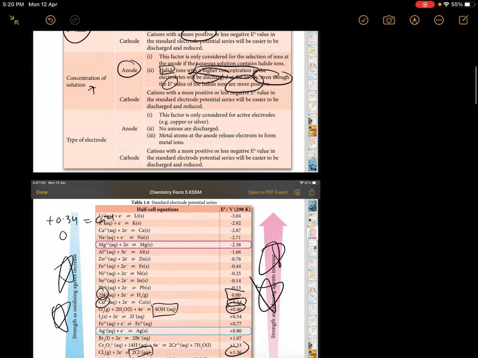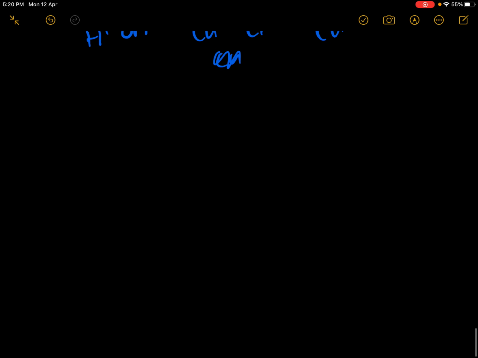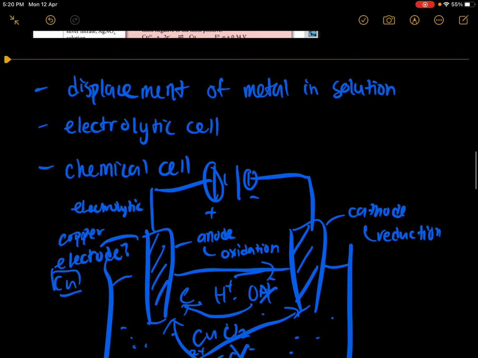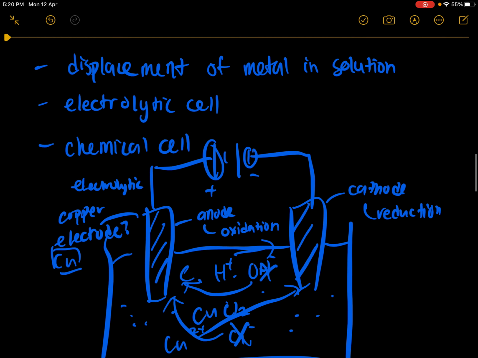Okay, the next thing that I want to bring up is the main difference between electrolytic cell and chemical cell, or I think it's called Daniell cell. But before that, I want to mention the observations, because observations are the second most important thing. First important thing is the cell itself.